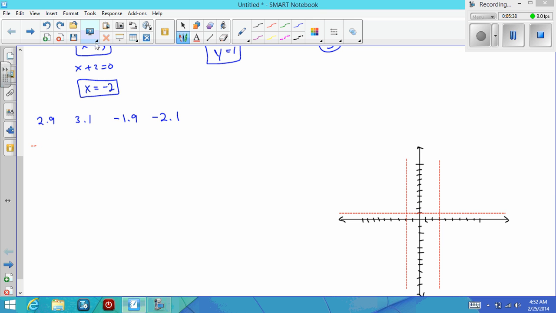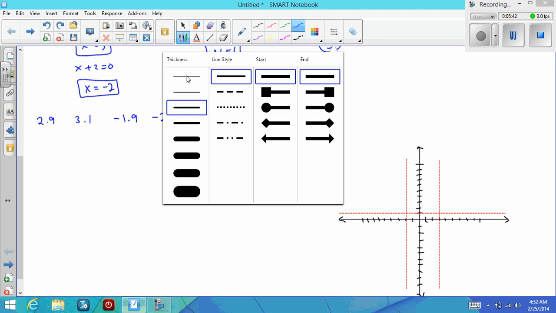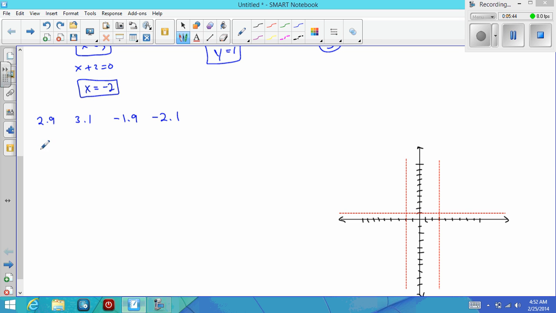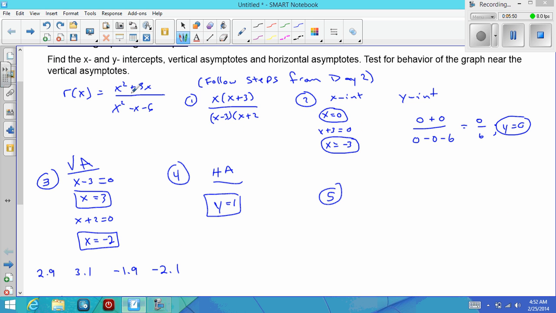Okay, now -2.1. When I test that, I can plug that into the original function if I want. Make sure that you put parentheses around the number before you square it, and also put parentheses around the numerator and the denominator.